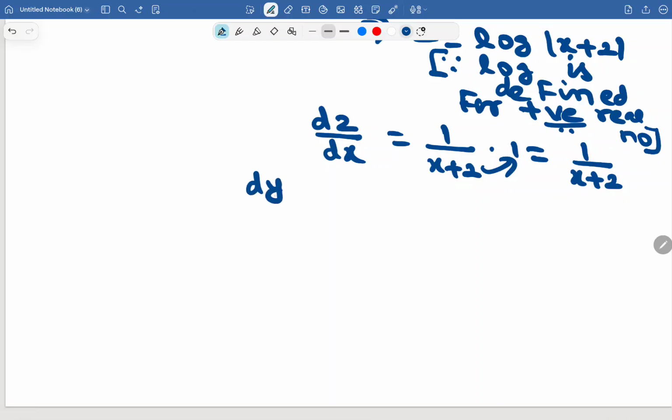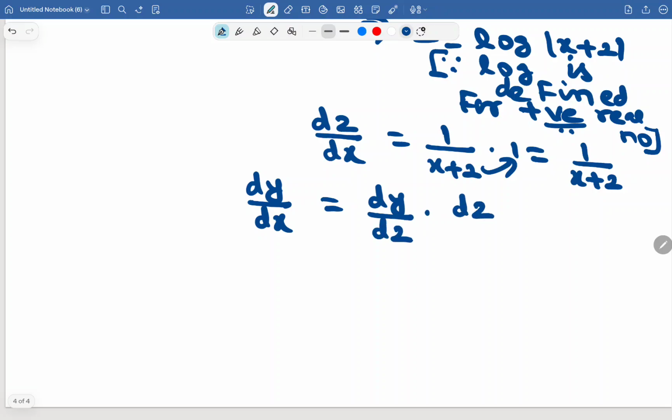Now find dy by dx. It can be written as dy by dz into dz by dx. We know the value for dz by dx. It is equivalent to 1 by x plus 2 into dy by dz.